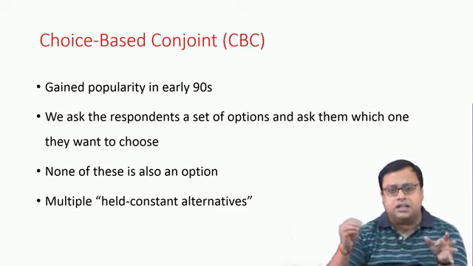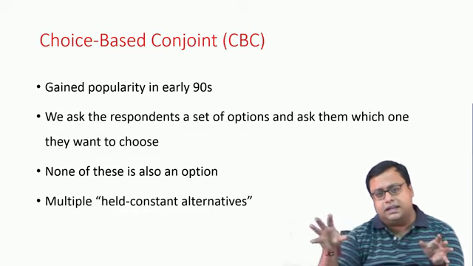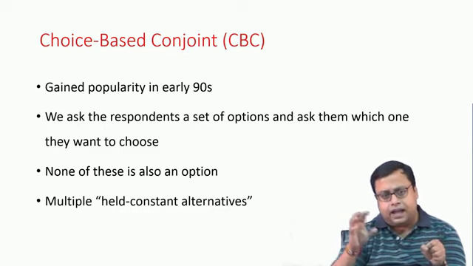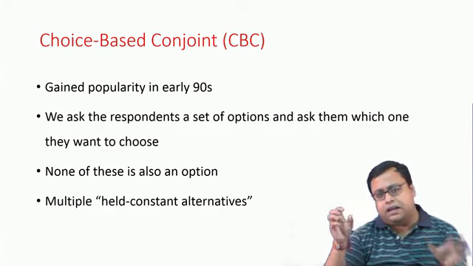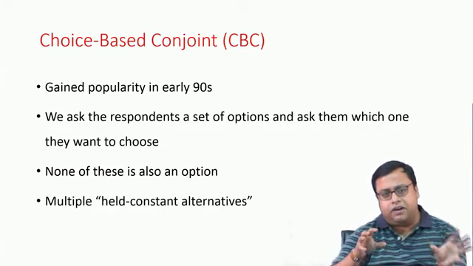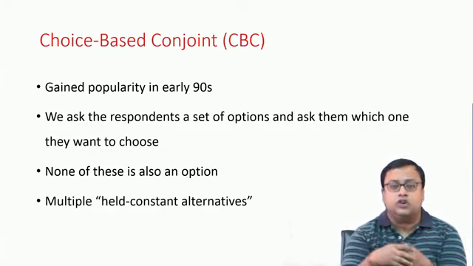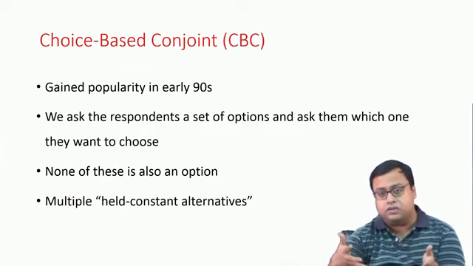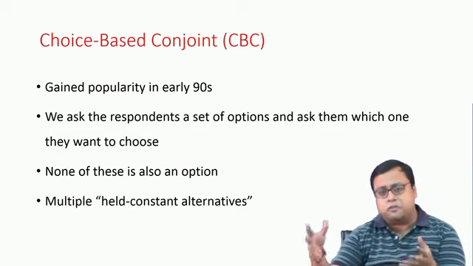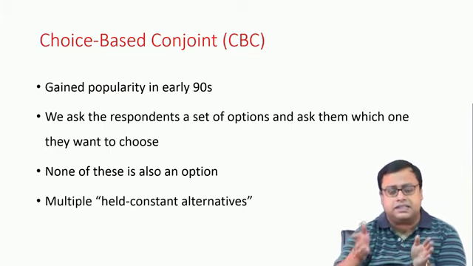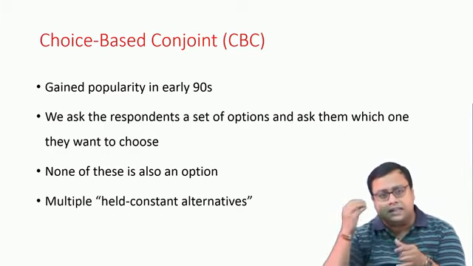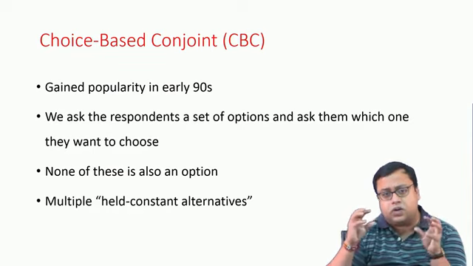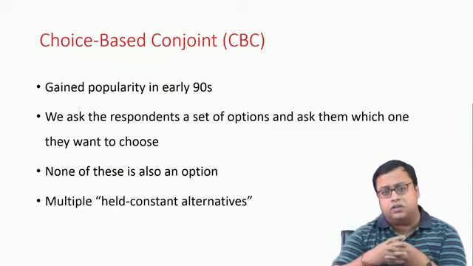Rather than that, if I know that I prefer A more than B, and I prefer B more than C, then it is automatically A is preferred more than C. So one comparison comes down. Similarly, if you have 4 options, then some more comparisons come down. That will reduce the cognitive load on the mind of the consumers.